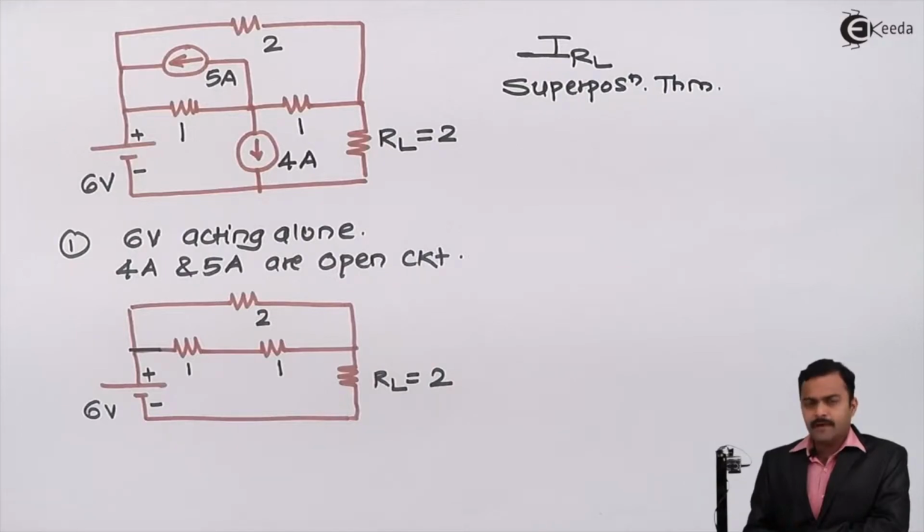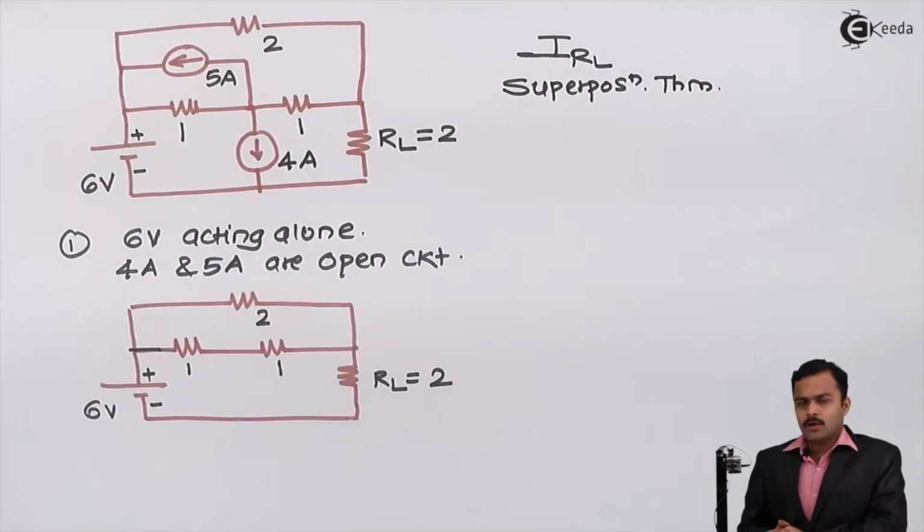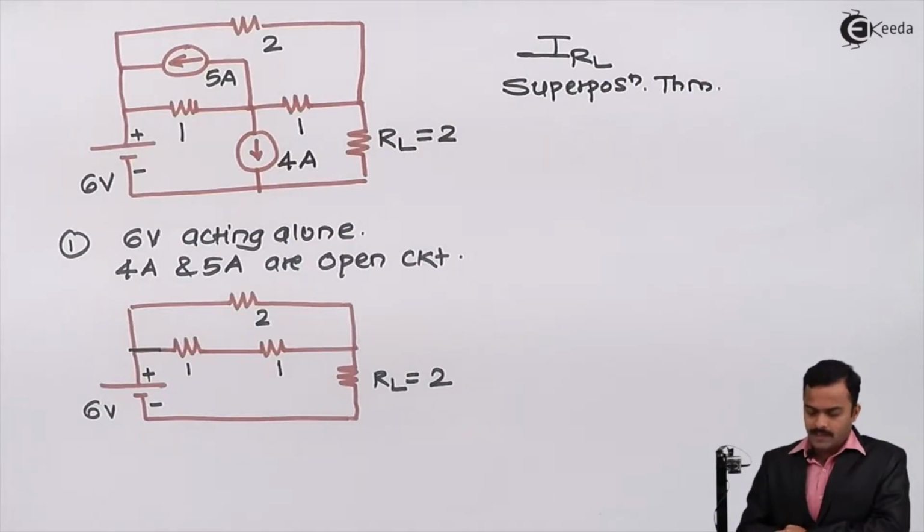Now every time we are not supposed to apply nodal and mesh analysis. It depends upon how the circuit will look like after doing certain modifications. Meaning, in this particular problem, the problem will become simpler if I consider series parallel connection of resistances.